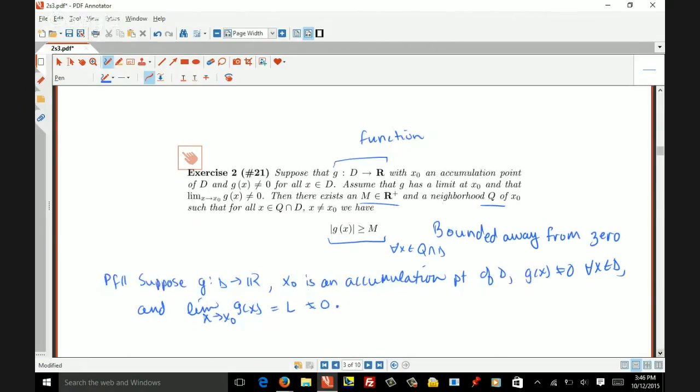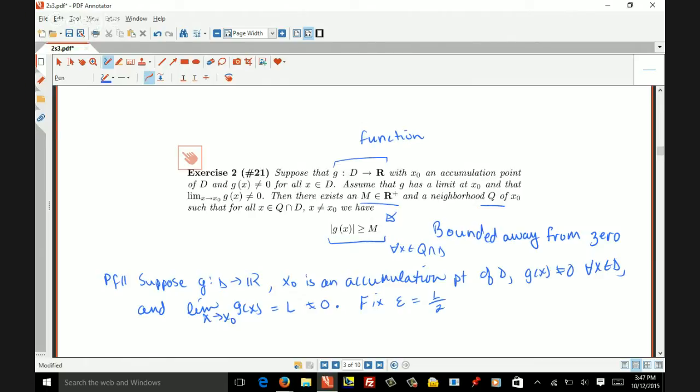Well, the only thing we have is that we know that this limit exists. So that means we're going to apply that definition. I'm going to make epsilon be L over 2, because I know the limit is L, and I have to bound it away from 0. I know that the limit is not 0.